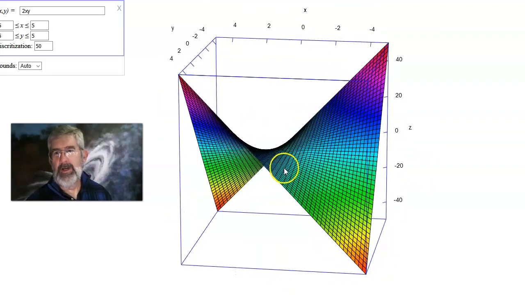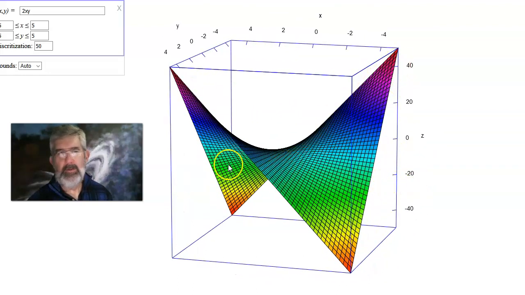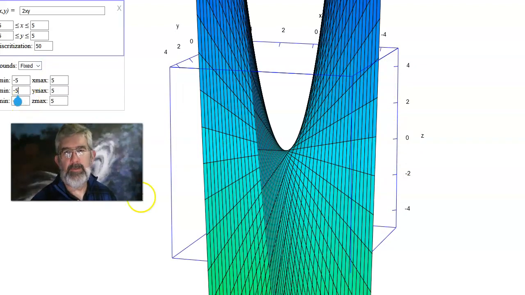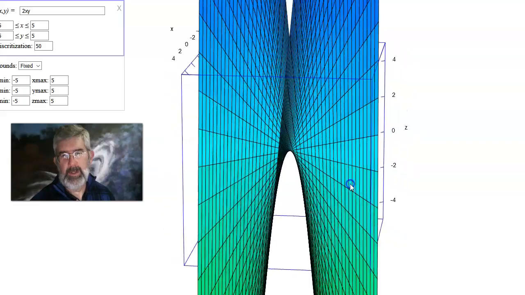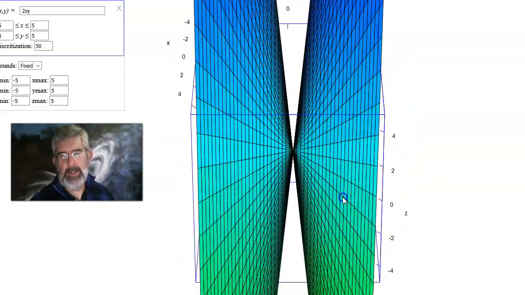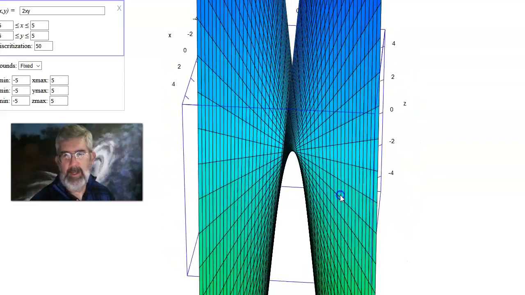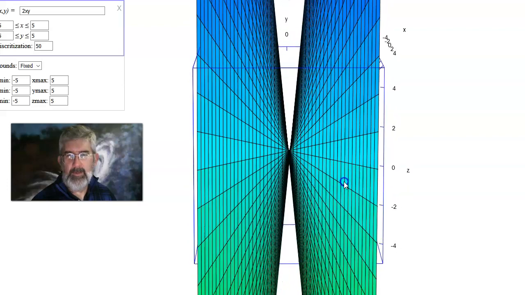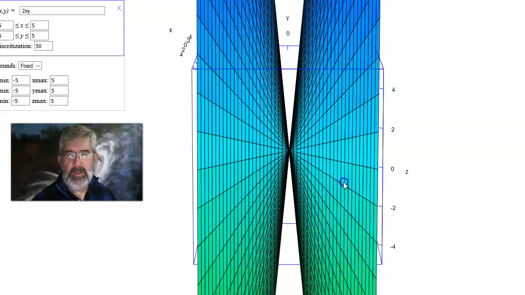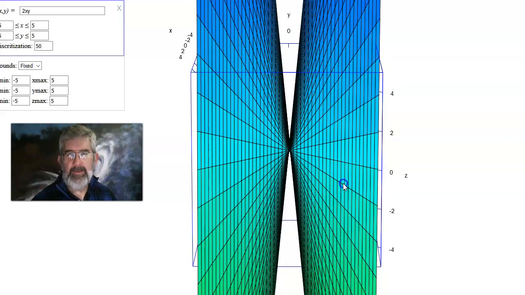Again, this is very much condensed in the z direction. To see it at its regular scale, I can switch to fixed here and see that this is really a very steep saddle. Yes, but it is ruled, and when you find one of those pinch points, it's because you're looking straight down one of those lines.